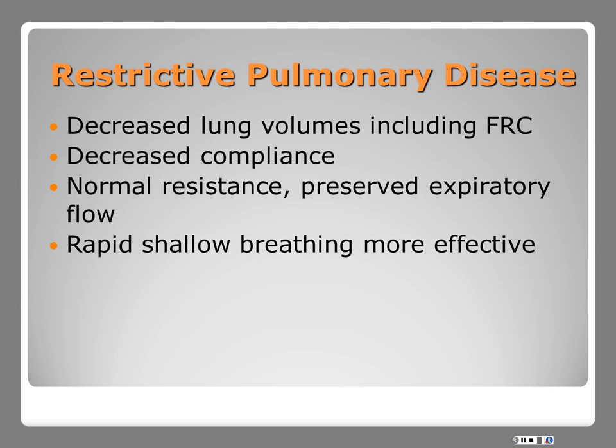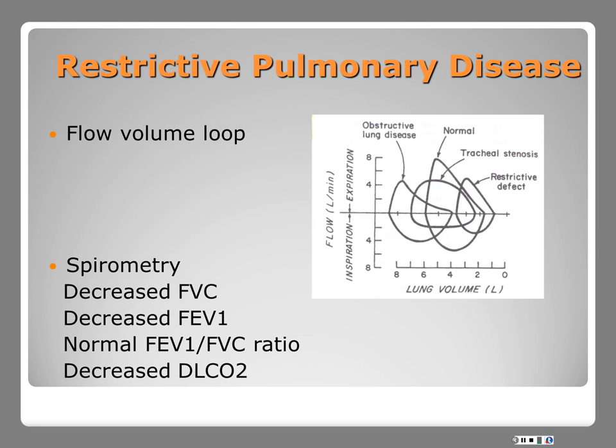For restrictive pulmonary diseases, the problem is decreased lung volumes, including the FRC, so quite the opposite of obstructive, decreased compliance, normal resistance though, and preserved expiratory flow, and for these patients, rapid shallow breathing is actually more effective. So the flow volume loop for restrictive disease is on the opposite spectrum here. It's shown right here.